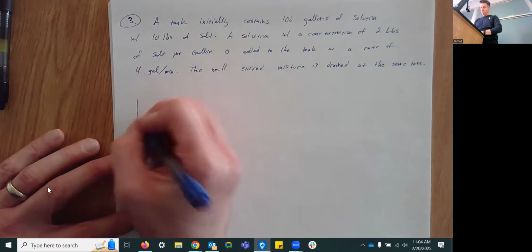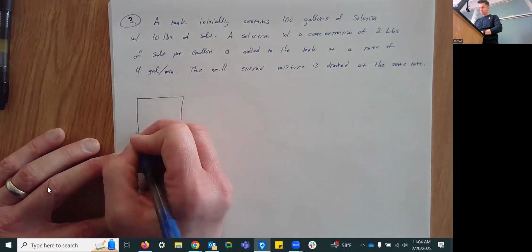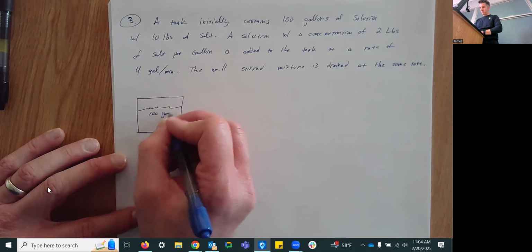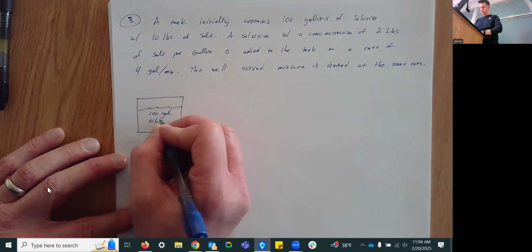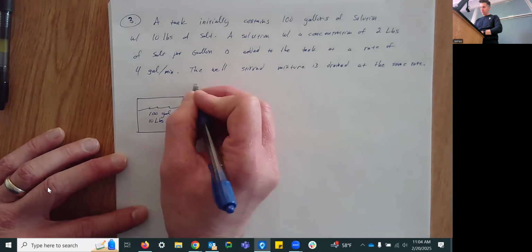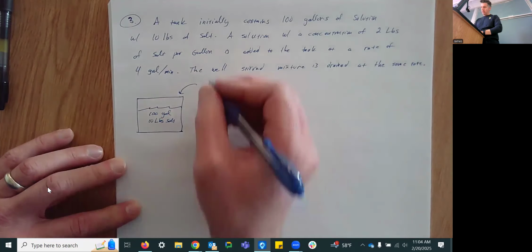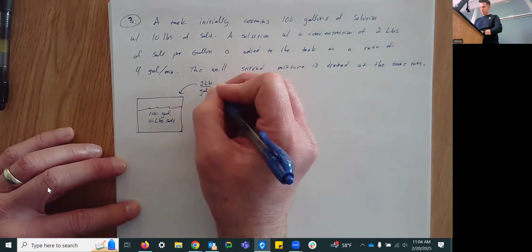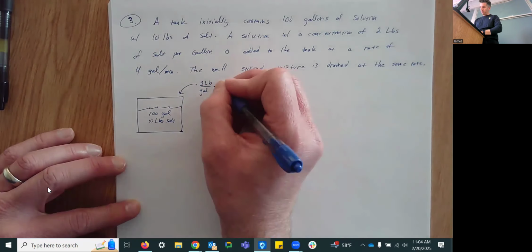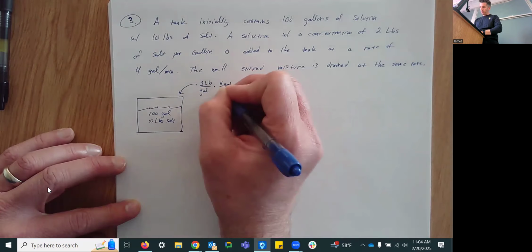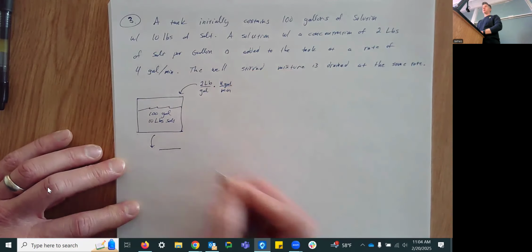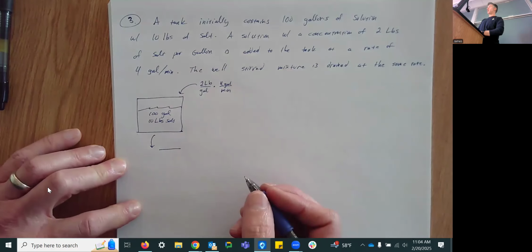So we have our tank here, and it contains 100 gallons of solution with 10 pounds of salt. And then into the tank we're putting in a 2 pound per gallon concentration at a rate of 4 gallons per minute. Here's the fun part. Going out, the concentration is not 10 pounds per 100 gallons.